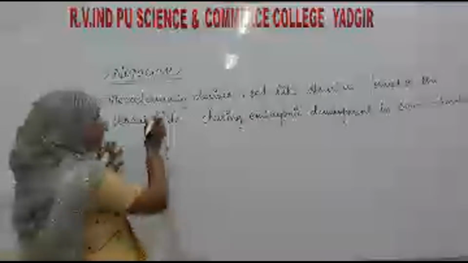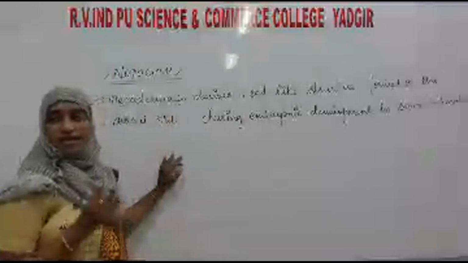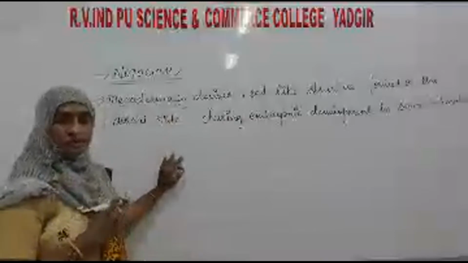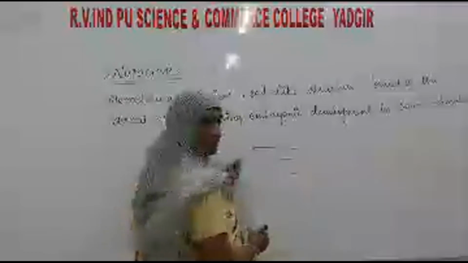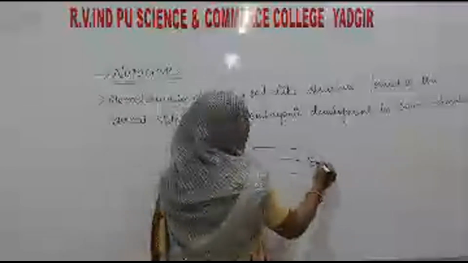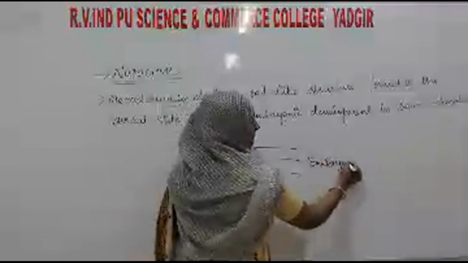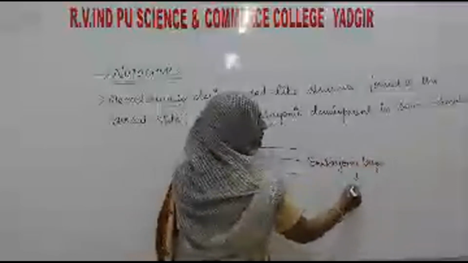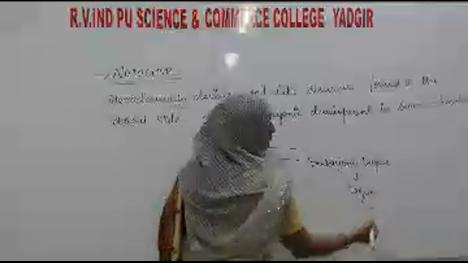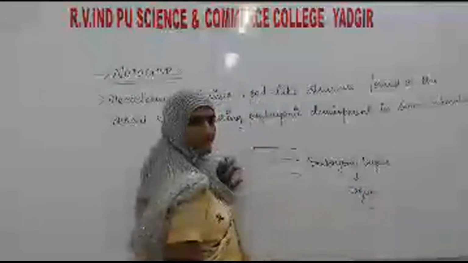Here, first of all, notochord is derived from which embryonic layer? That it is a mesoderm. Just now I explained there are 3 layers. These 3 layers are known as the embryonic layers. Embryonic layers means this layer further forms the organs.